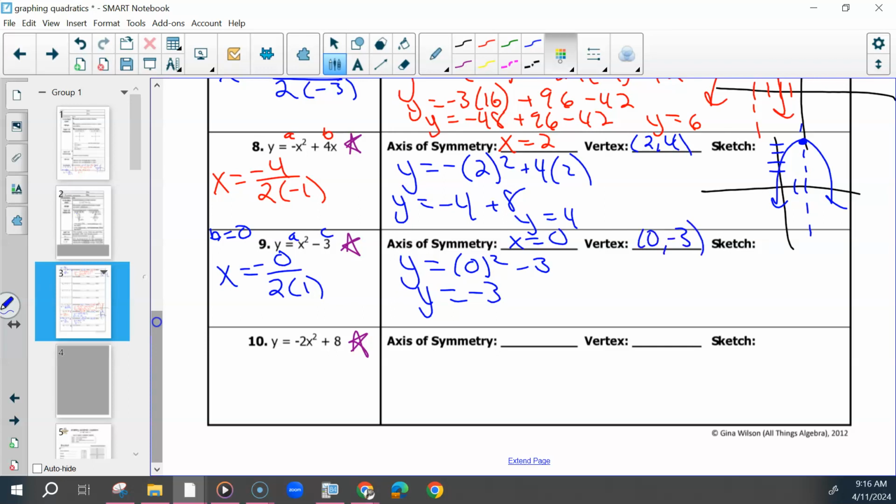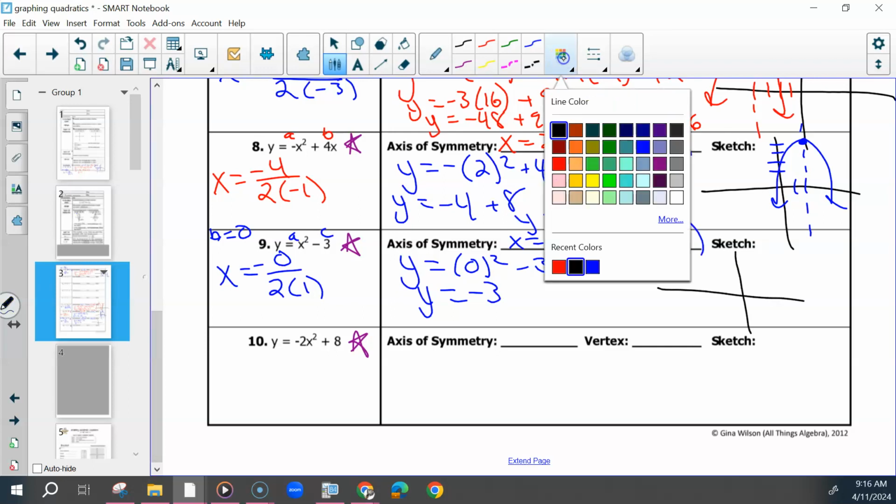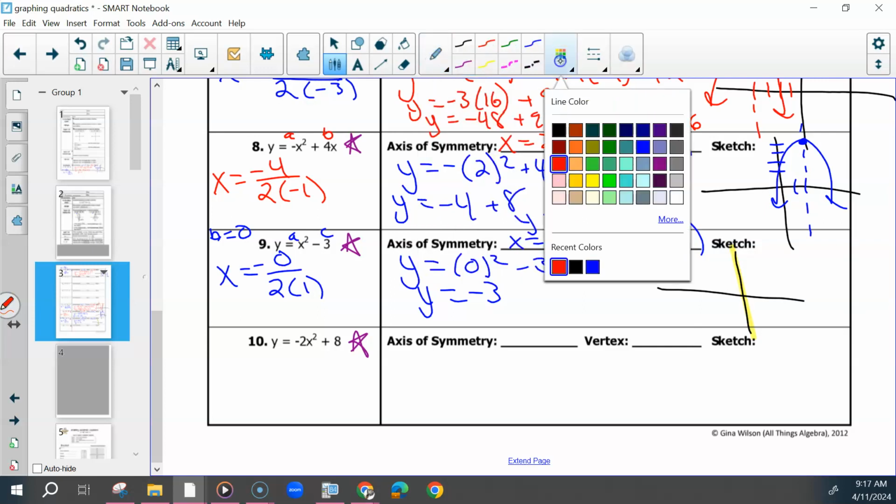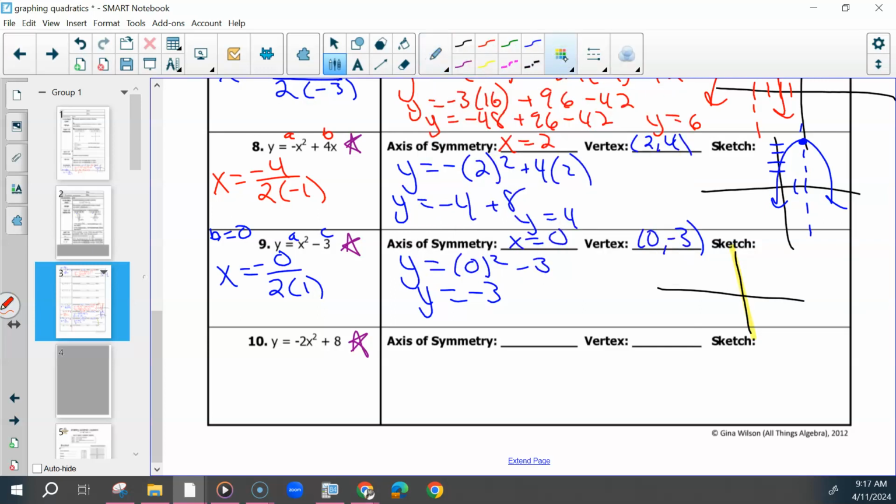So go ahead and draw in that sketch. I'm going to highlight over the y-axis just to show that would be my axis of symmetry. And would this face up or down?